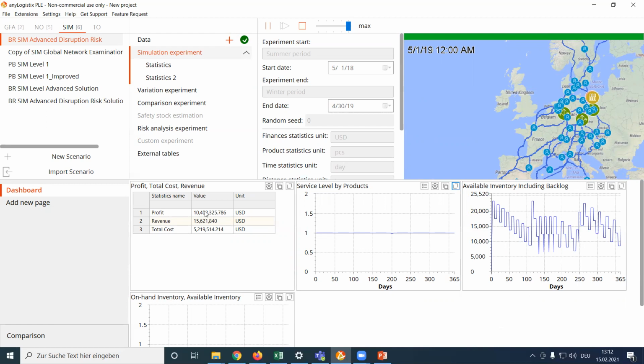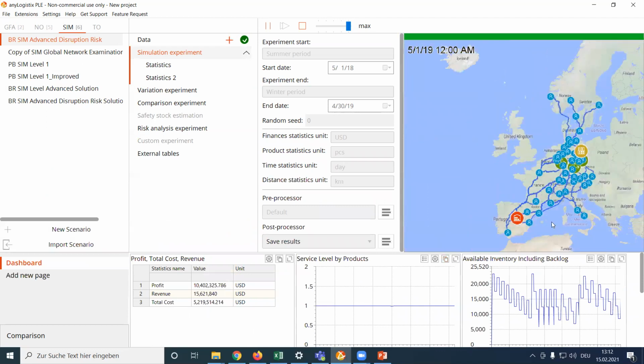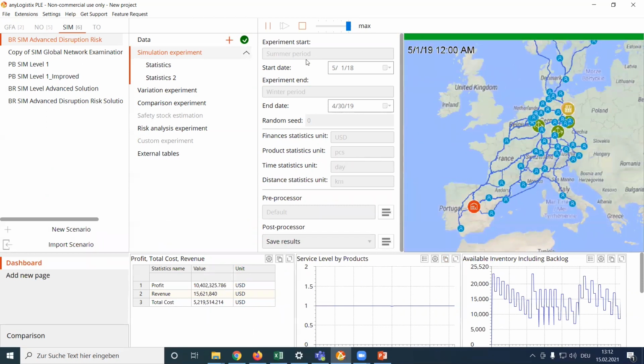And in this case, we can make a profit of 10 million. So 8 in case of 1 DC and 10 in case of 2 DCs, so 25% more profit. This confirms the positive impact of backup resilience strategy on supply chain performance.